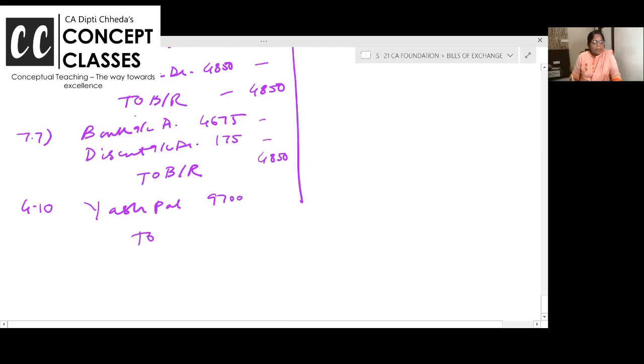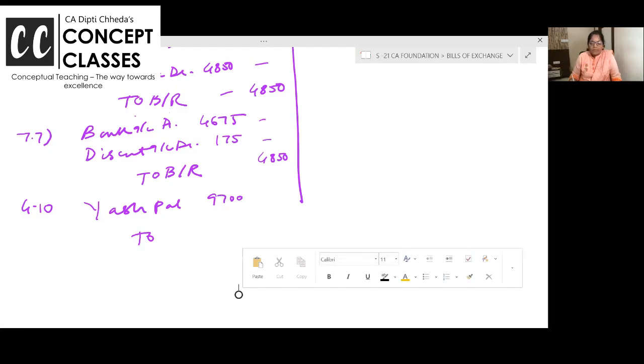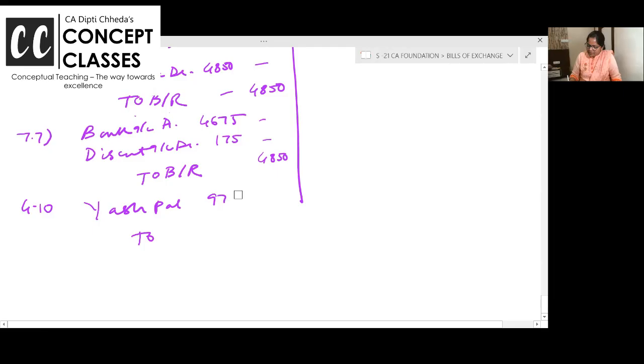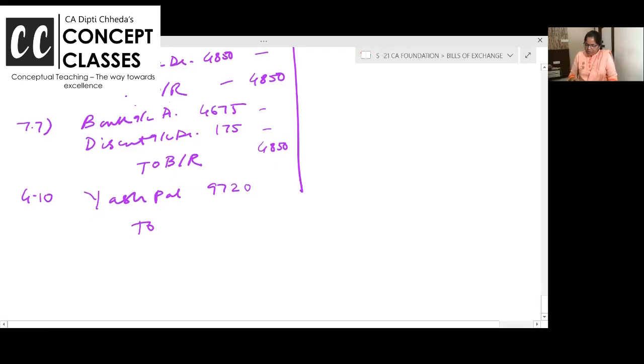Yashpal account debit 9,700. कुछ नोटिंग और बैंक चार्जेस भी है ना, 20 rupees. Yes. 98. If you want, you can pass dishonor entry separately because one bill is endorsed and one bill is dishonored.